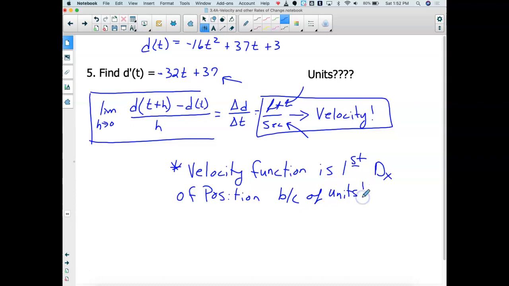It just makes sense, okay? Change in distance, change in time. That's velocity, feet per second.